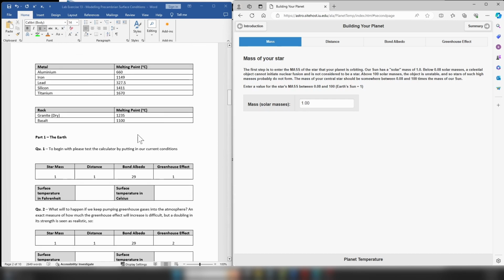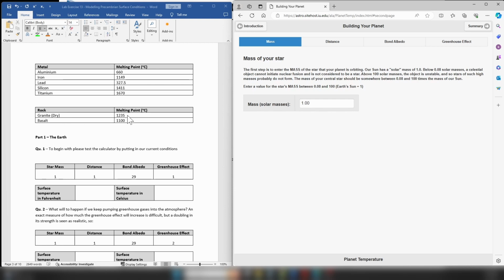Okay, so there is also some additional information given in these two tables. The first table lists 5 metals, aluminum, iron, lead, silicon, and titanium, and it gives their melting points in Celsius. Not Fahrenheit, Celsius. And then we also have 2 melting points for rocks. We have dry granite and we have basalt.